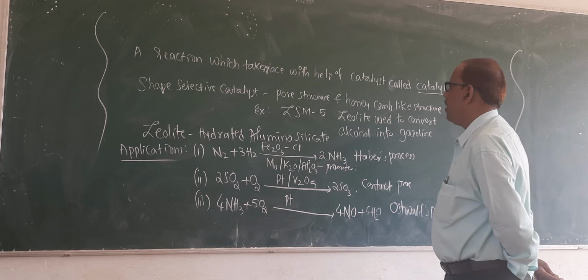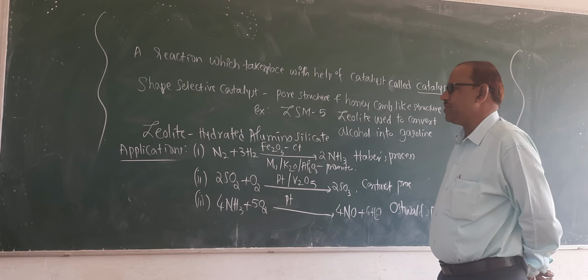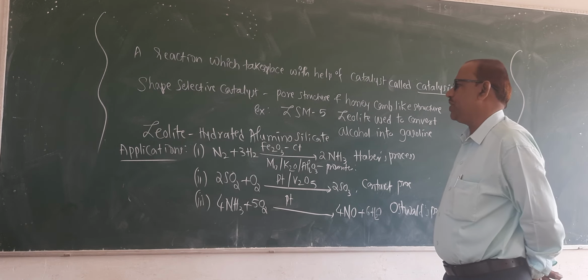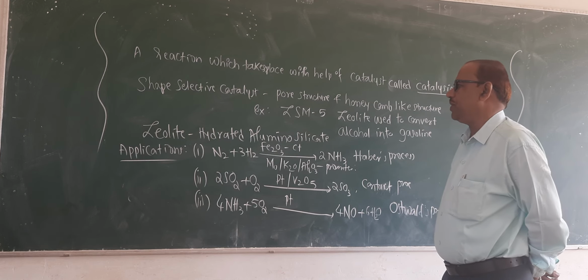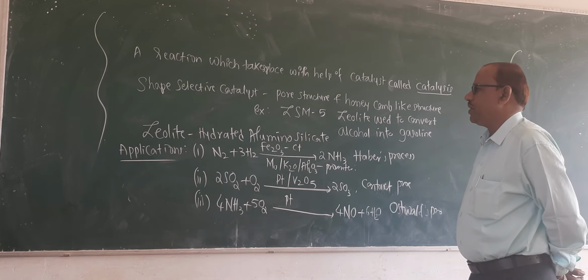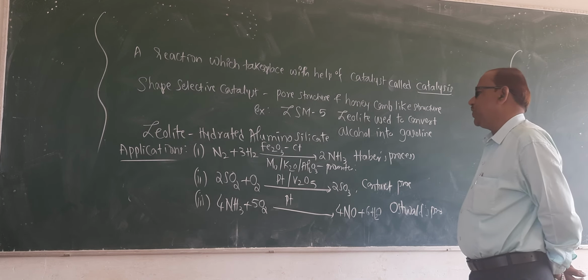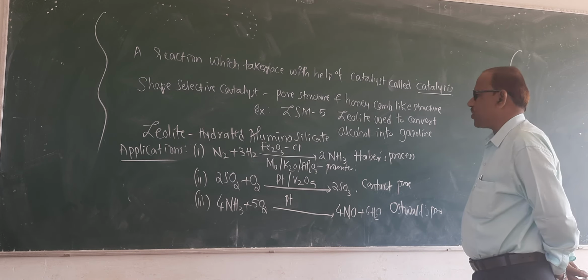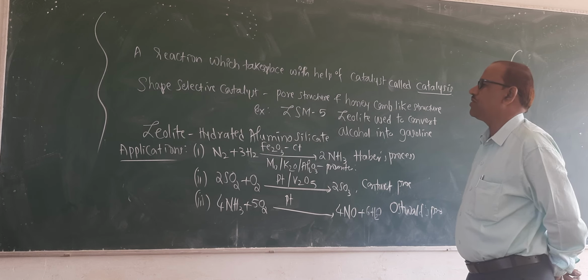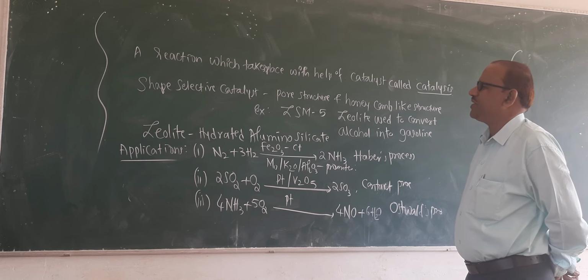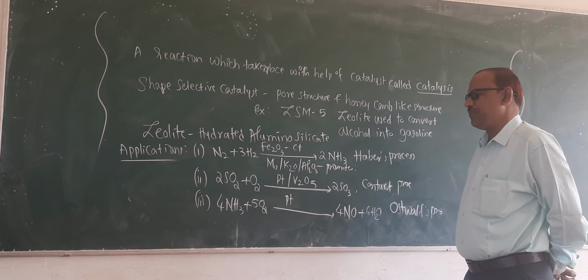Mainly, a shape selective catalyst is a substance whose action depends on the pore structure and size of the catalyst. Due to the honeycomb like structure, zeolites are used as shape selective catalysts.